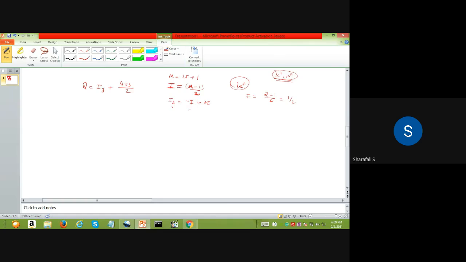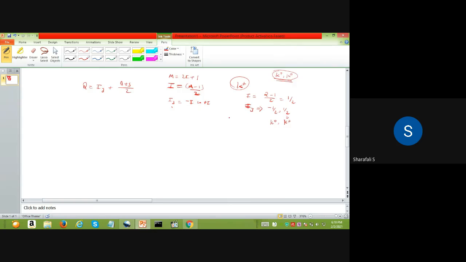And I3 will vary from minus I to plus I, so from minus 1 by 2 to plus 1 by 2 in steps of 1. These are the two possible values. And 1 by 2 is associated with K plus, and minus 1 by 2 with K0, because the highest charge takes the highest I3 component.